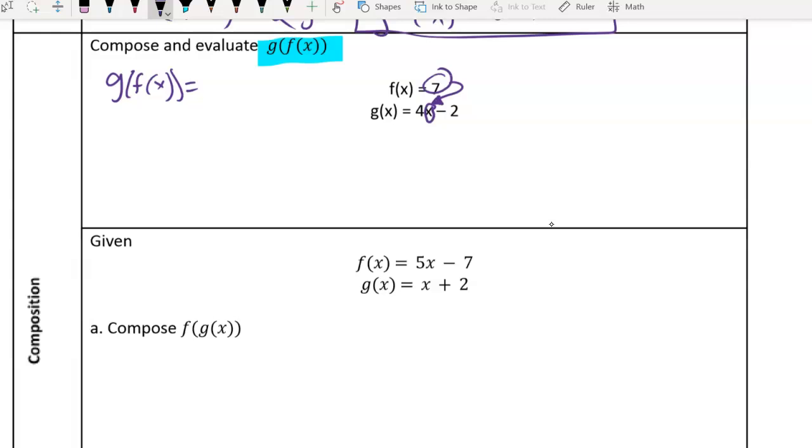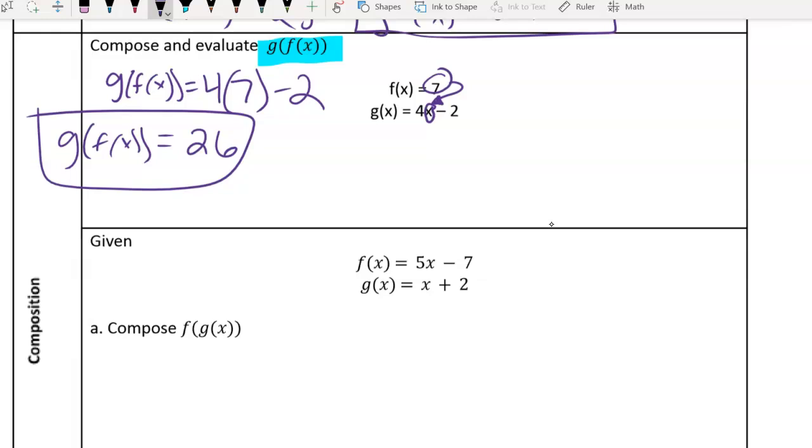We're plugging in. So we're going to say 4 times 7 minus 2. 4 times 7 is 28, minus 2 is 26. We say g of f of x equals 26.